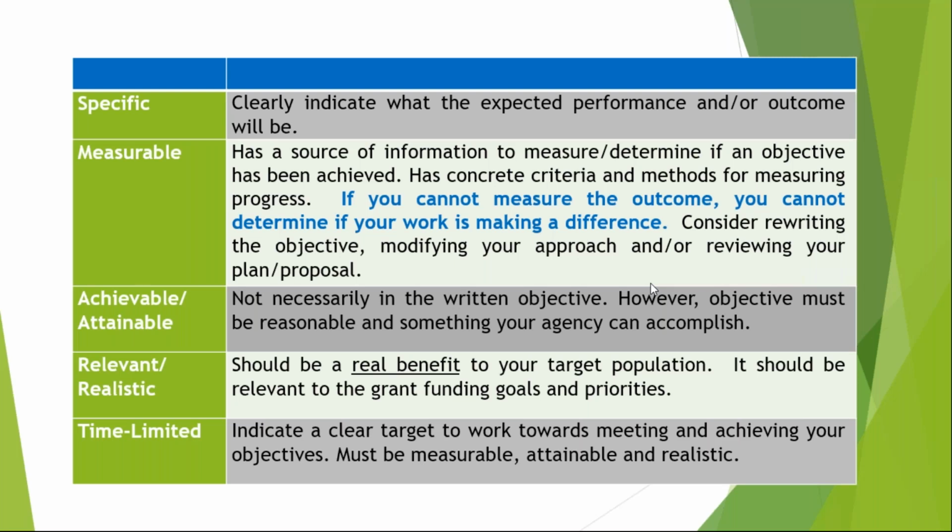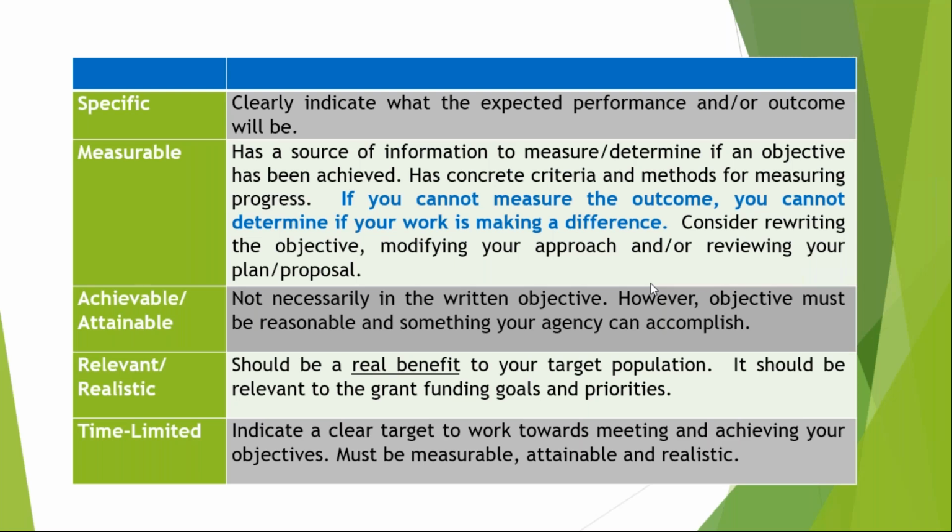Now, if you're writing an objective and you've determined that you just can't measure it, you don't know how to measure this outcome, that means you cannot determine if your work is making a difference. And sometimes that does happen.